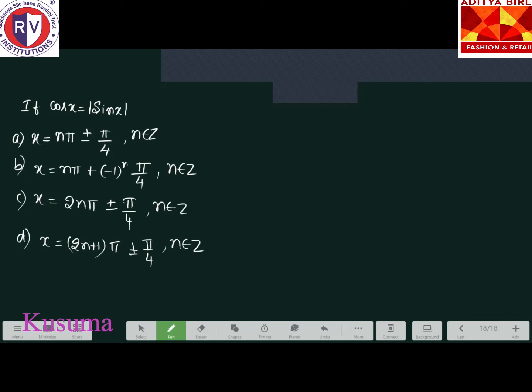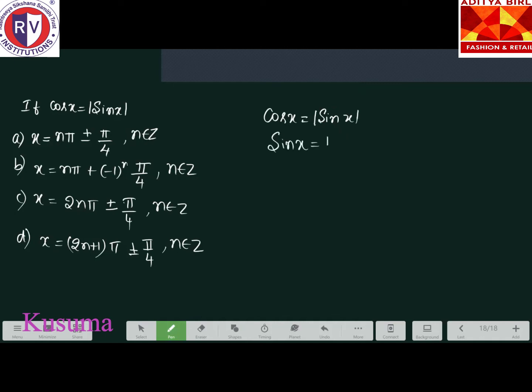Okay. So here cos x is equal to mod of sin x is given. So what happens to sin x when we take the mod out?